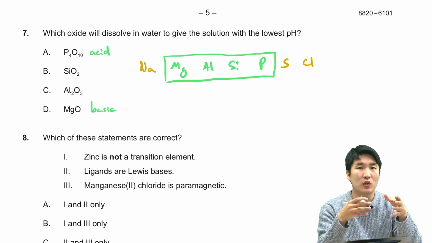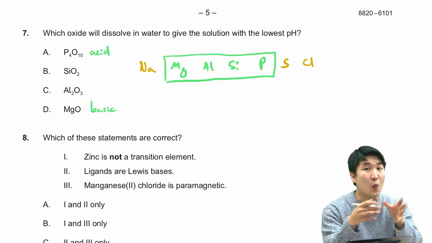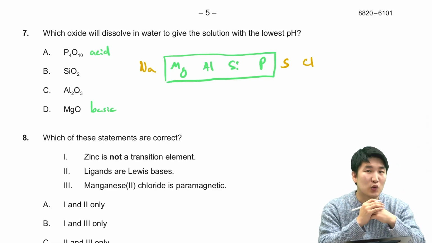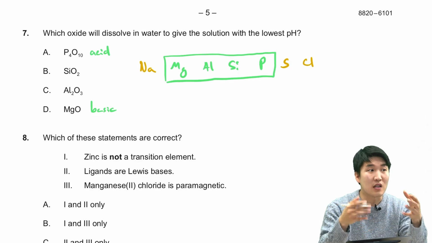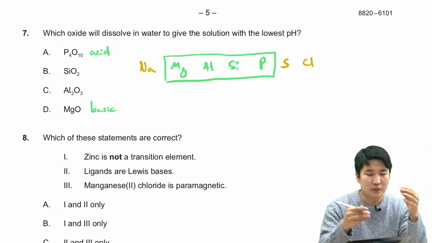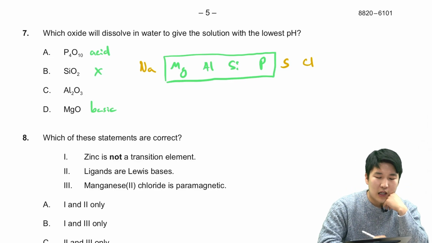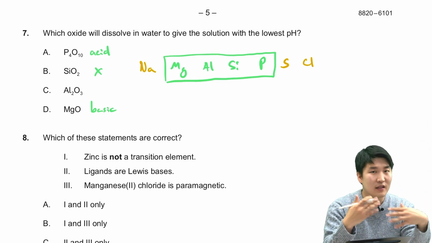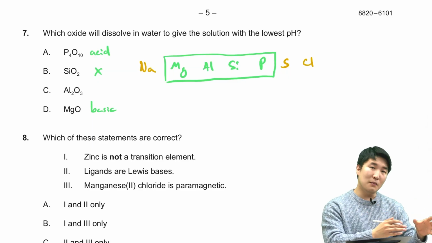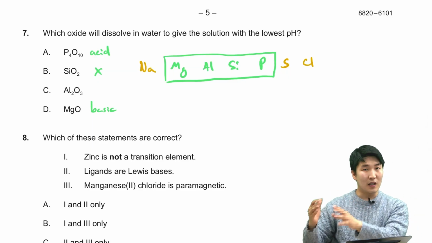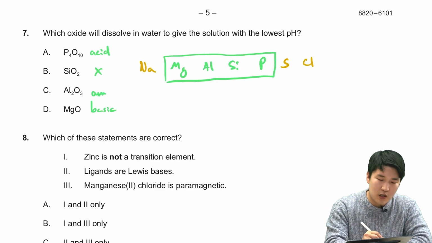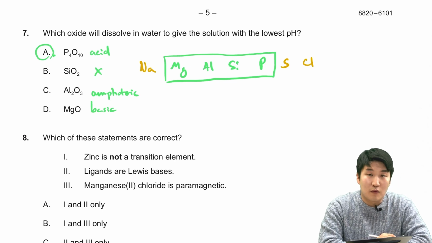Silicon dioxide, we don't assign any acidic or basic property for one reason: it's not possible to dissolve silicon dioxide, which is a giant macromolecule. Aluminum oxide is amphoteric in that it can be both acidic and basic when dissolved in water. Which means our answer will be P4O10.